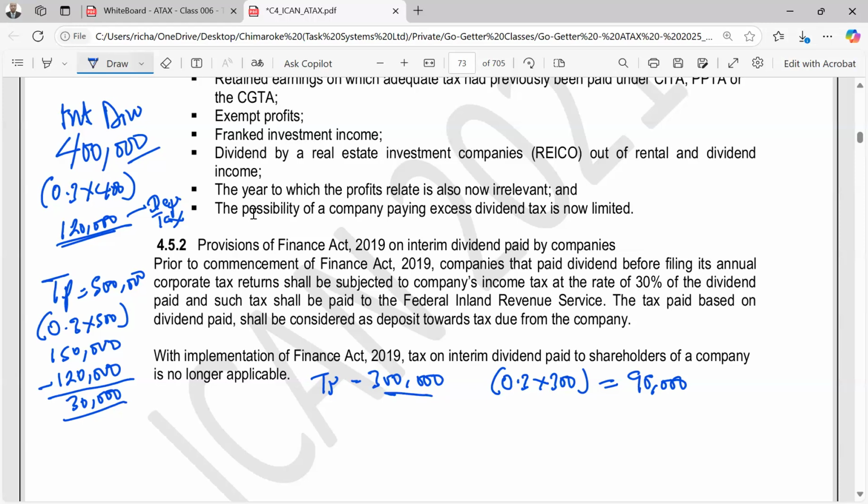So whatever you've paid becomes final. But if the total profit is bigger than your dividends paid, you deduct whatever you have paid from dividends, and the balance is what you will now pay. So that's how it works.